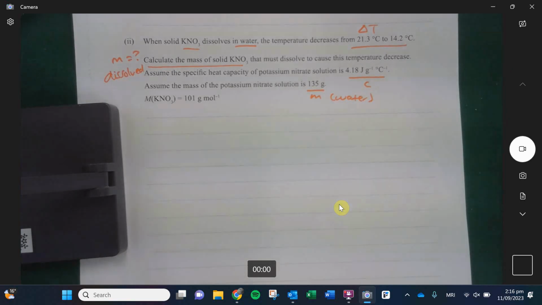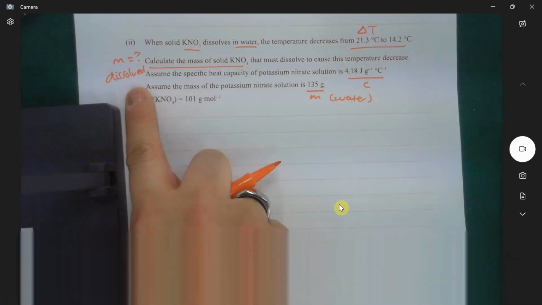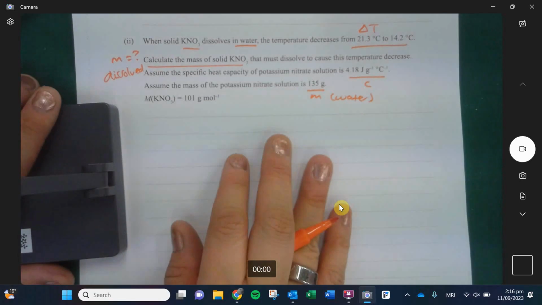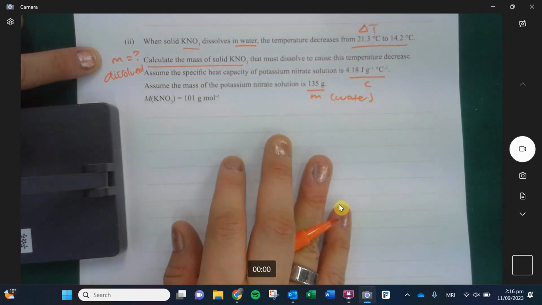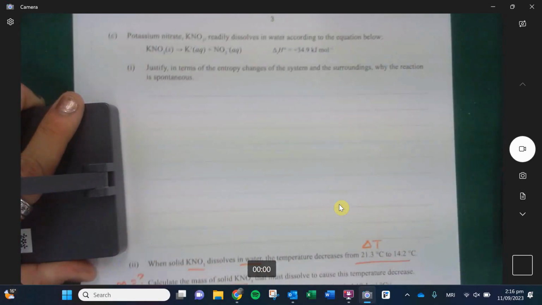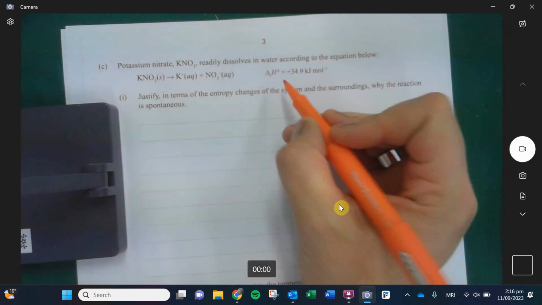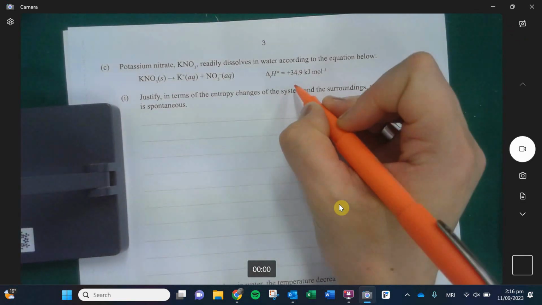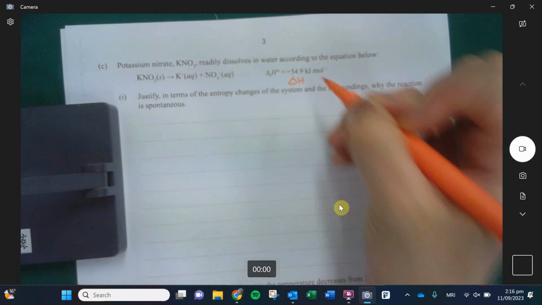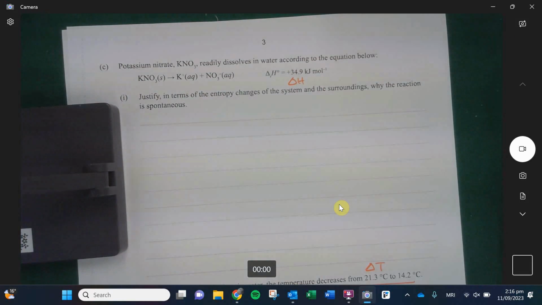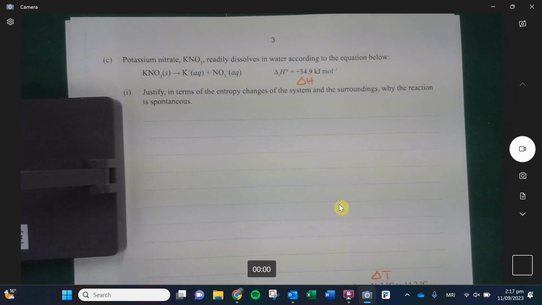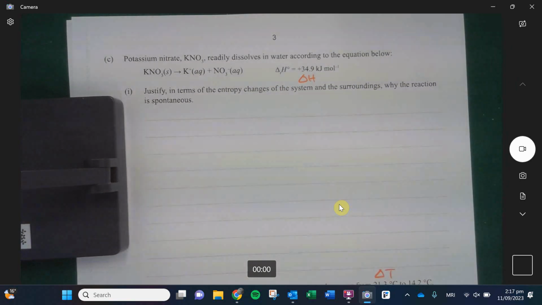All right. So that's slightly different than what you guys are used to. In this case, since the M is the unknown, what we're given is the enthalpy, which they have given us up here. So this is our delta H. Delta H is the change in heat energy, enthalpy.